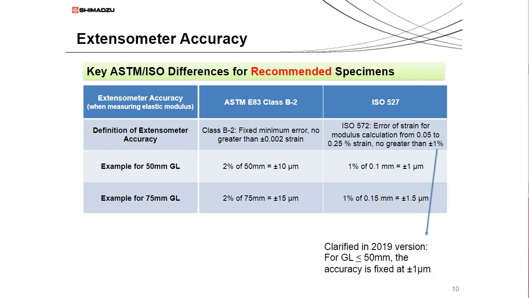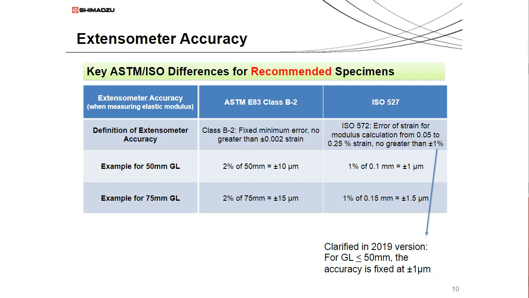In other words, this results in a lower plus or minus 1 micron accuracy requirement for a 50 millimeter gauge length. This is an important thing to note, and one of the reasons that ISO suggests using larger gauge length specimens, because higher strain accuracy is achievable for larger gauge lengths.